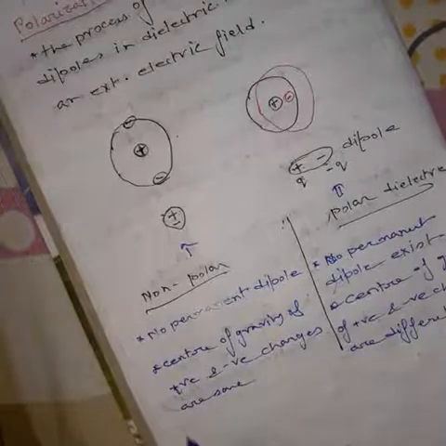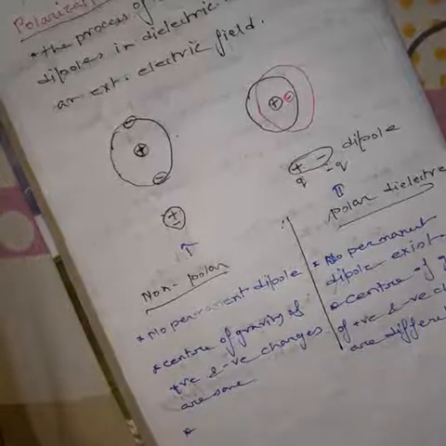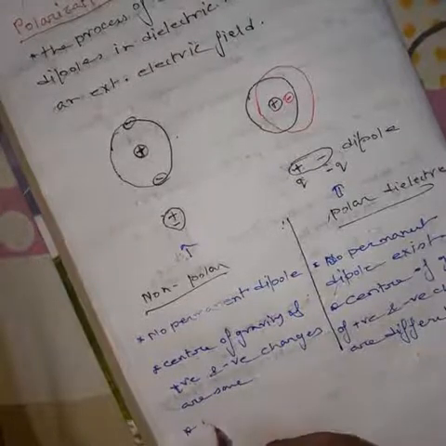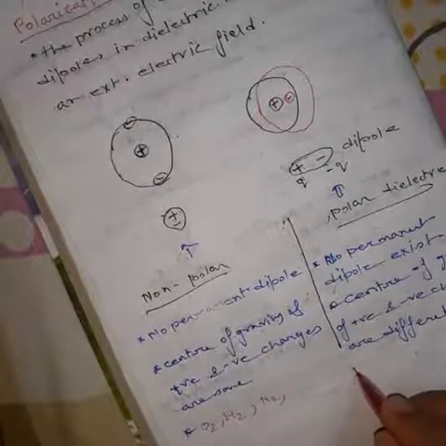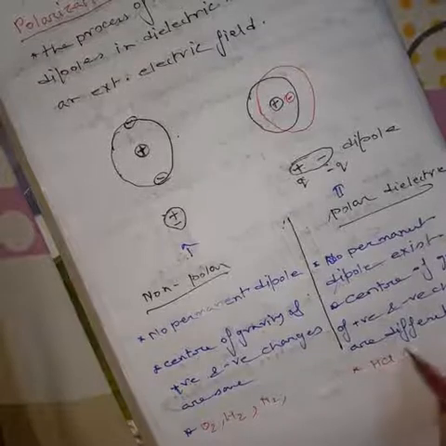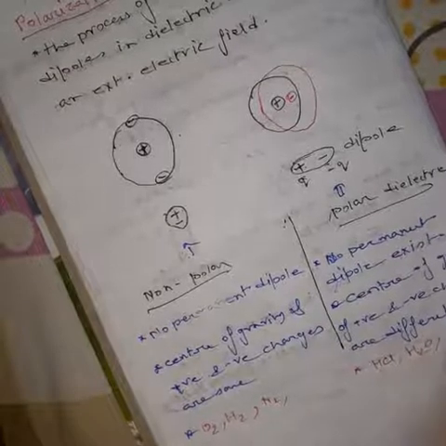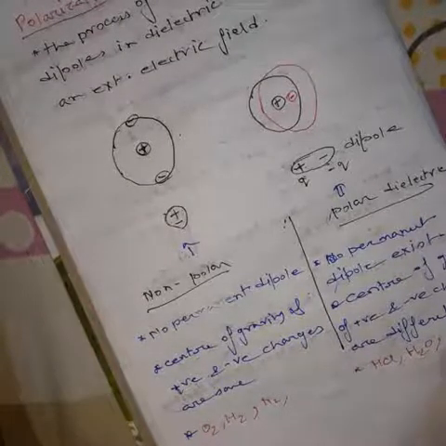I can give you some examples. For example, the non-polar ones are O2, H2, N2. Here I have HCl, H2O. These are the cases.